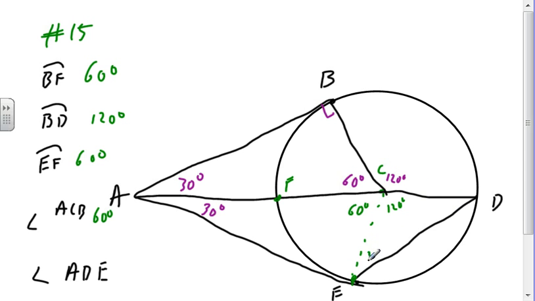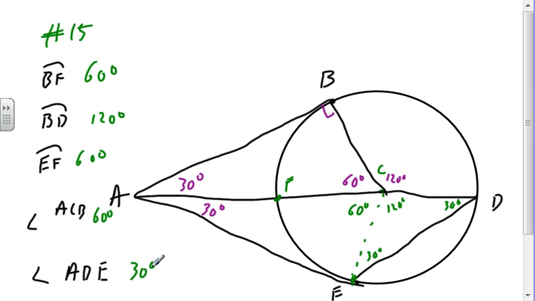So this has to be 30 and 30. 30, 30, 60 makes 180 degrees in the whole triangle. And I want A, D, E. It's going to be 30 degrees. Good enough? No, not really, I know.